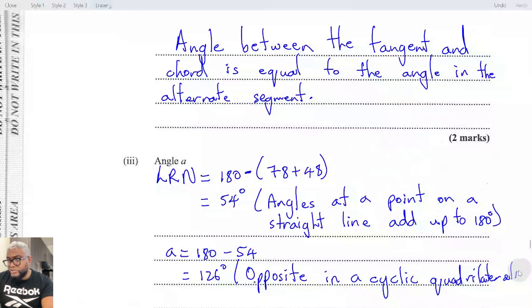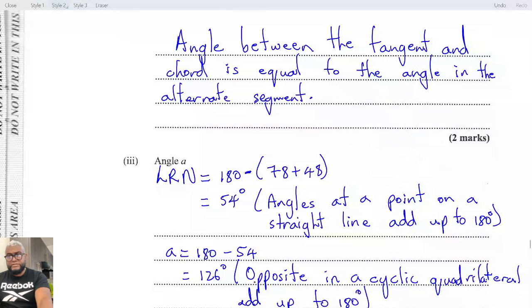In a cyclic quadrilateral, opposite angles add up to 180 degrees.